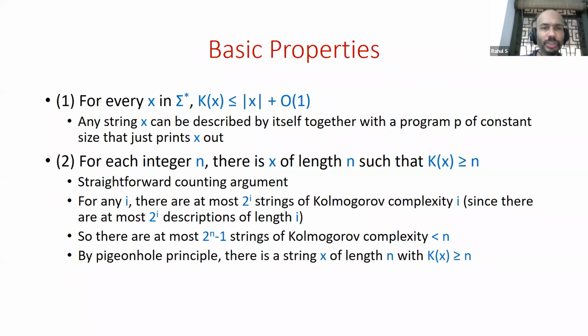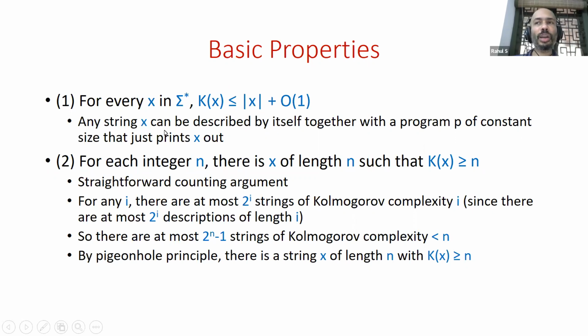Okay, so I'd like to describe a couple of basic, quite elementary properties of Kolmogorov complexity. One property is that it's going to be well defined and it's going to be at most the size of a string plus a constant. And that's just because there's a trivial program which just copies its input onto its output, right? So you can describe a string x just by giving x itself.